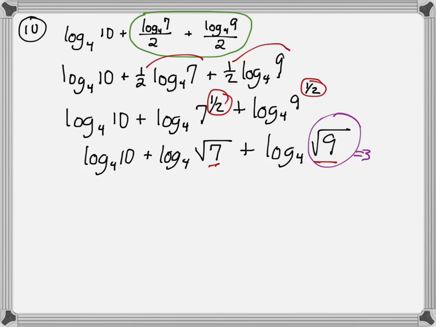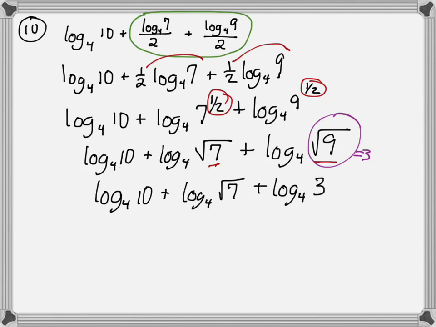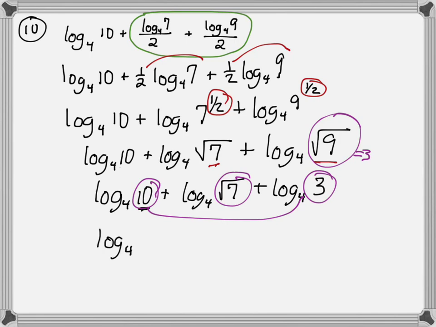And so we are going to rewrite this log base 4 of 10 plus log base 4 of square root of 7 plus log base 4 of 3. Now we're going to multiply these numbers. Well, the 10 and the 3 are outside the radical, so we multiply those together first. So log base 4 of 10 times 3, which is 30. And then the radical goes next, 7.